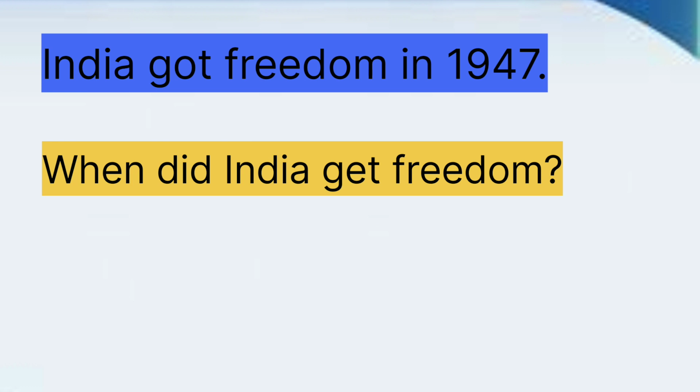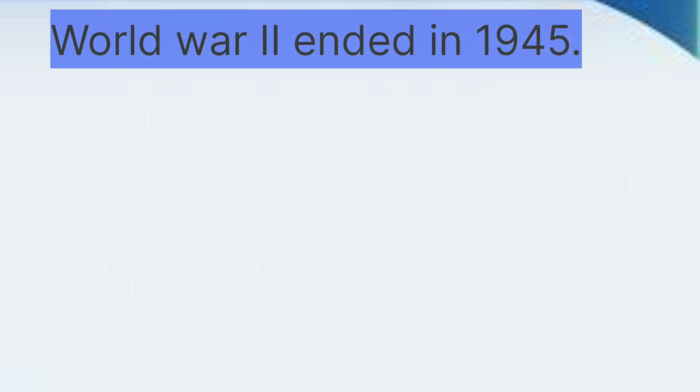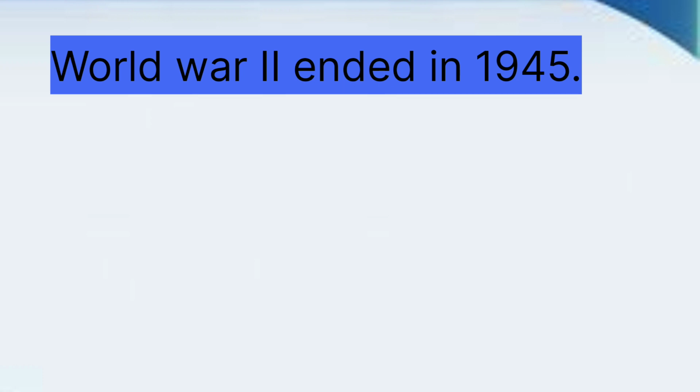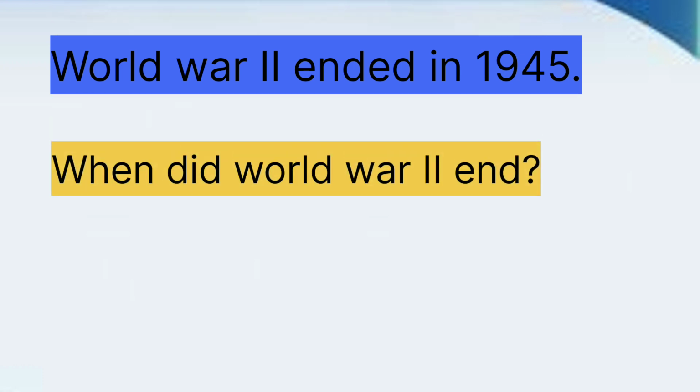Question mark. Second example: World War II ended in 1945. The underlined part is in 1945. The same rule is applicable in this case as well. Let us begin the WH question with the appropriate WH word, that is when, because it is all about time.